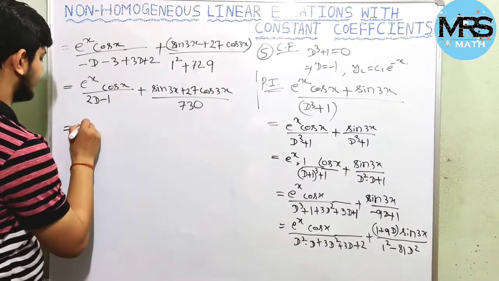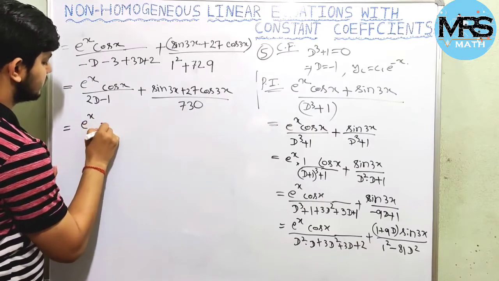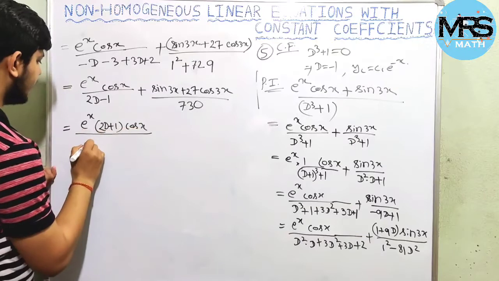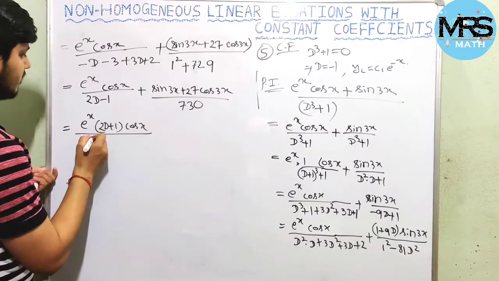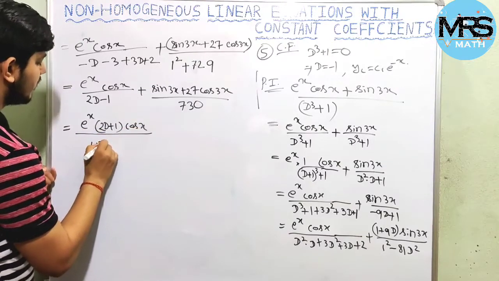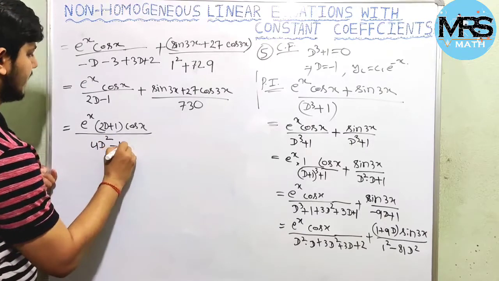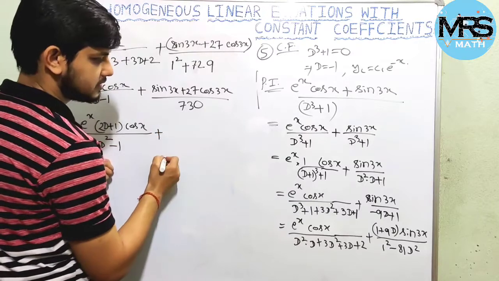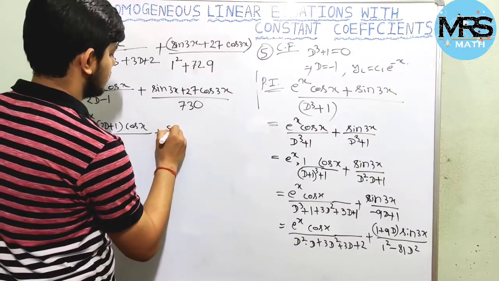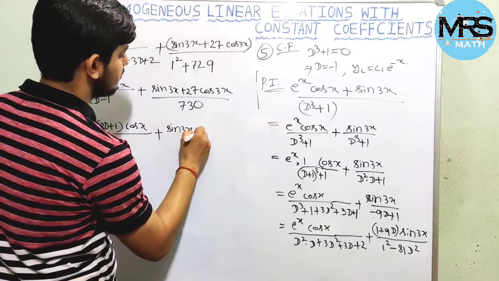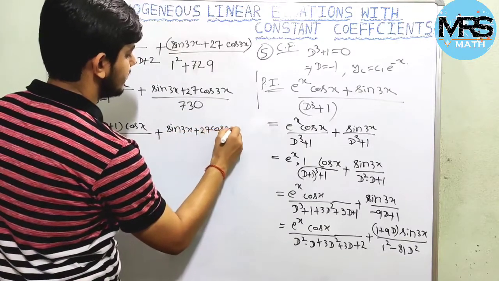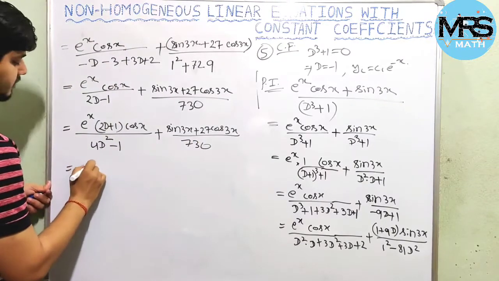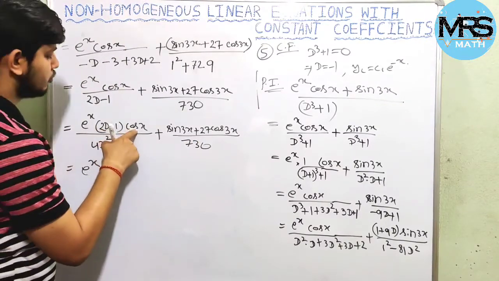So e to the power x, this is 2D plus 1 cos x divided by 4D square minus 1, plus sin 3x plus 27 cos 3x divided by 730.